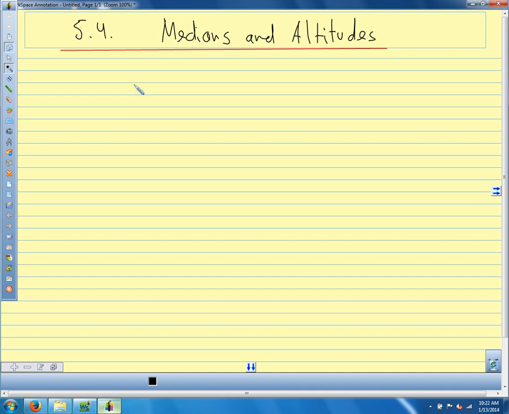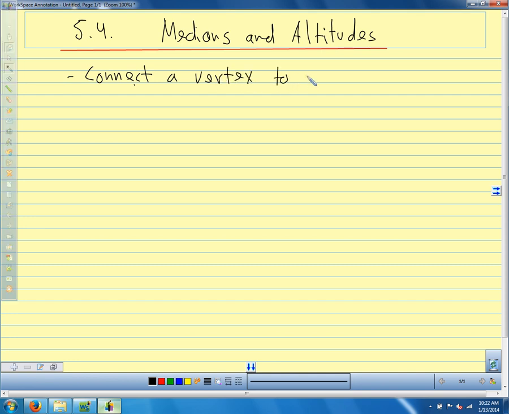First, what I want to say is today, the segments that we're talking about today connect a vertex to the opposite side. So that's one way that these points that we're talking about today are different than the points we talked about on Friday. These points all connect a vertex of a triangle to the opposite side.